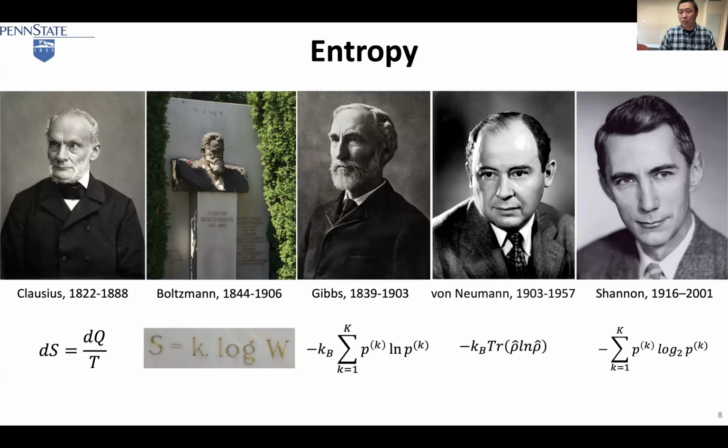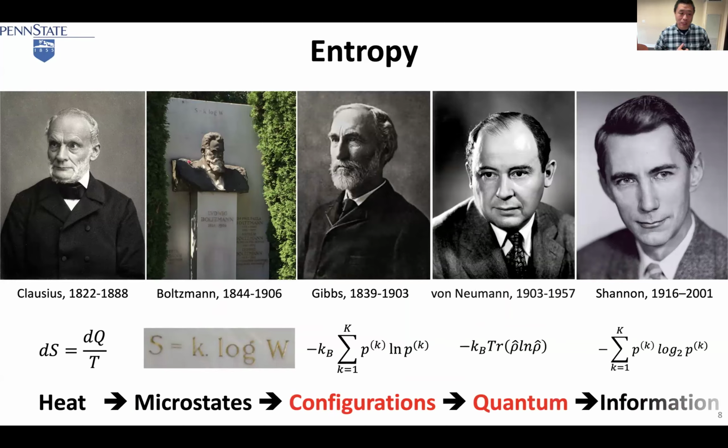Eventually you go to the Shannon entropy and apply it to information theory. So they have different formulas. If you look at this one, it actually starts with heat, and we start with the microstates, and eventually you have different configurations. So this is the quantum system. Eventually you move to information theory.